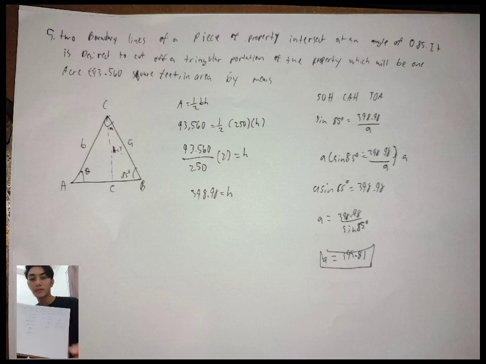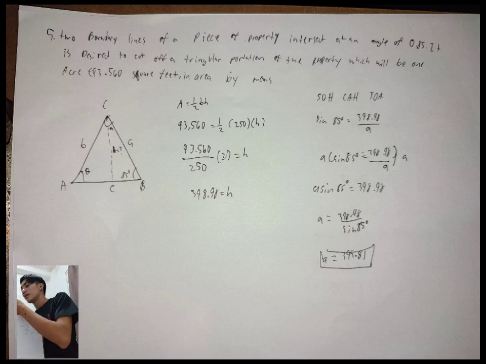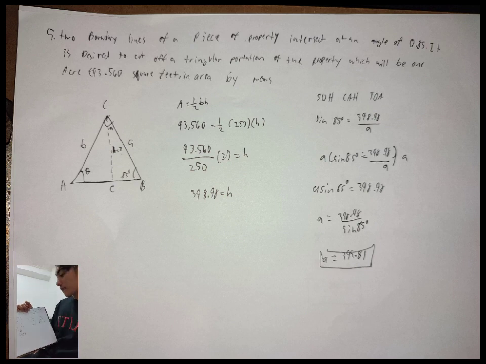So here's the graph. As an area, A equals 1/2 BH. So 43,560 equals 1/2 multiplied by 250 multiplied by height.